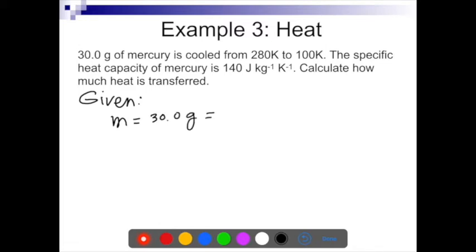Don't forget to convert your units to SI base units, meaning convert grams to kilograms by dividing by 1,000. So that will be 0.030 kilograms, corresponding to 30 grams. We're given the initial temperature, which I'll just indicate as Ti.